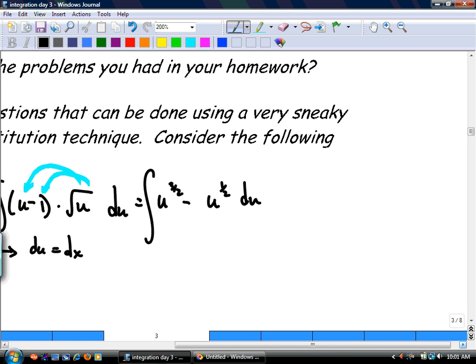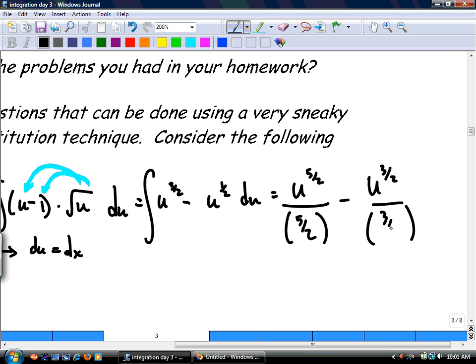Okay, what's the antiderivative of u to the 3 over 2? u to the 5 over 2 over 5 over 2 minus u to the 3 over 2 over 3 over 2 plus c.